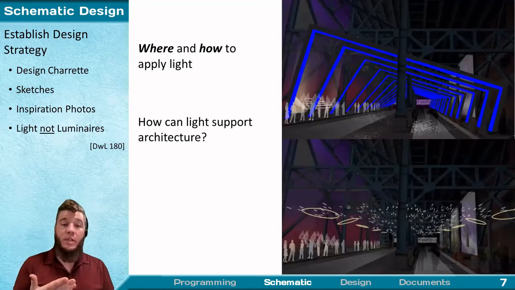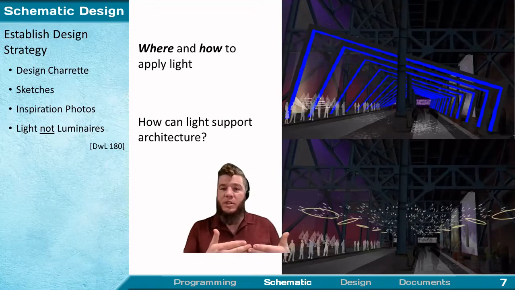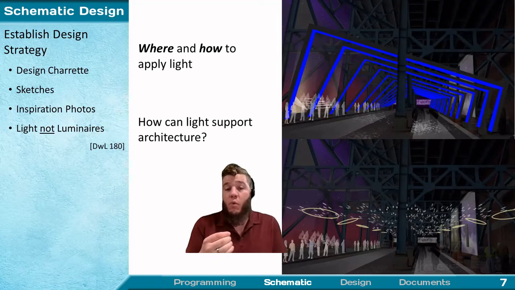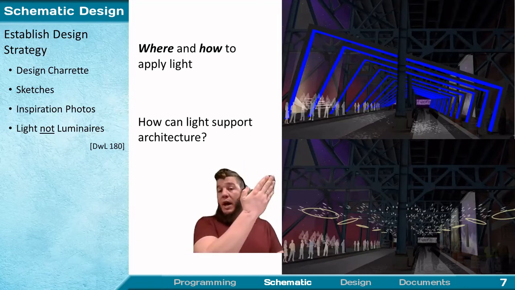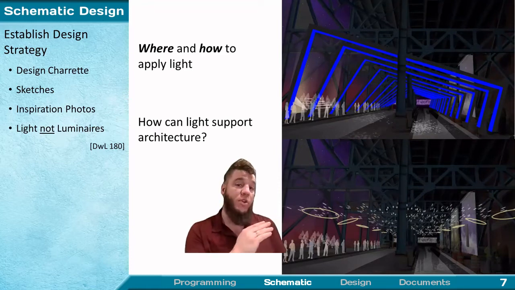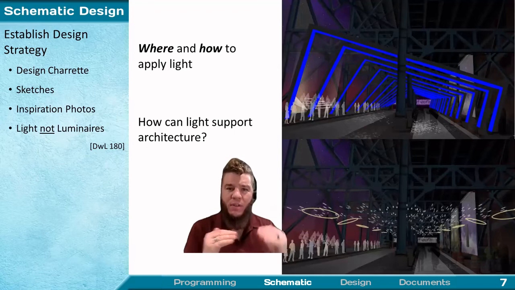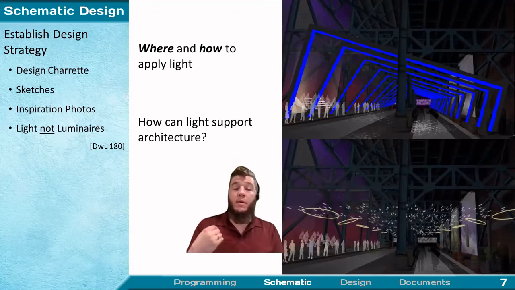Some of the core questions here are: how can light support the architecture in my project? For example, we can focus on direction and distribution, form and shape, like the lines up top versus the circles down here. Do we want that contrast, or do we want to bring those hard lines down into the space around us?